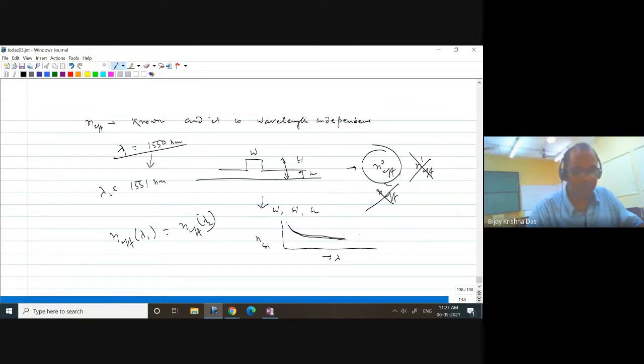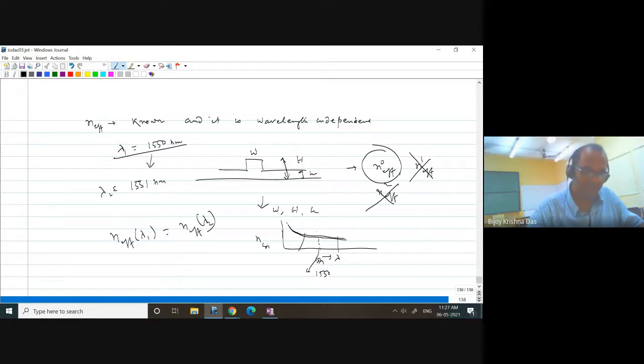If I consider 1550 nanometers here, from say 1500 to 1600 some variation of refractive index will be there, but it is so small that you can neglect it.